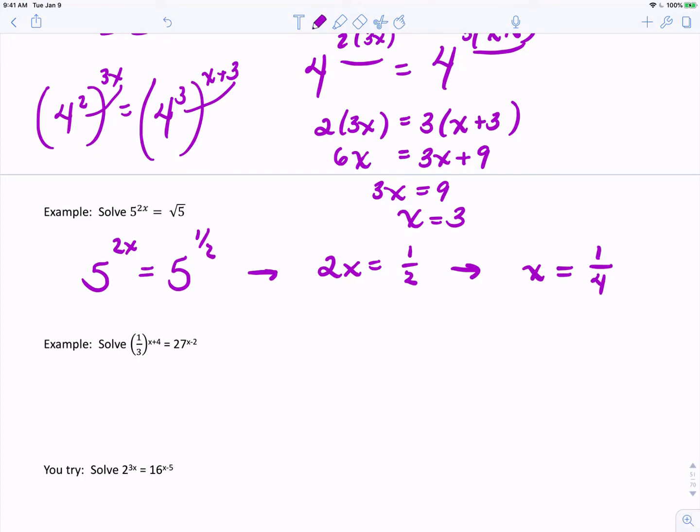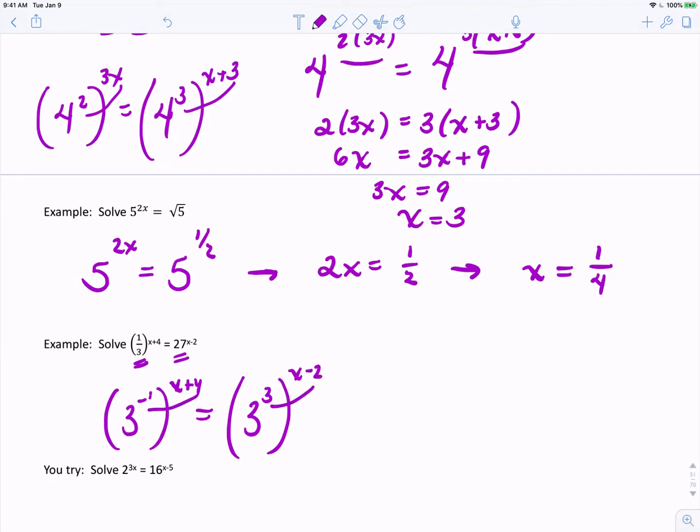Okay, and one more. Here we have 1/3, and here we have 27. So let's make those both powers of 3. 1/3 would be the same as 3 to the negative 1, and 27 would be the same as 3 cubed. And again, we'll be multiplying these exponents together.